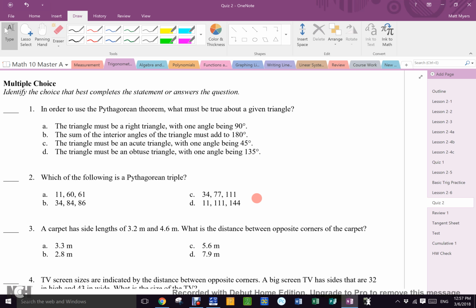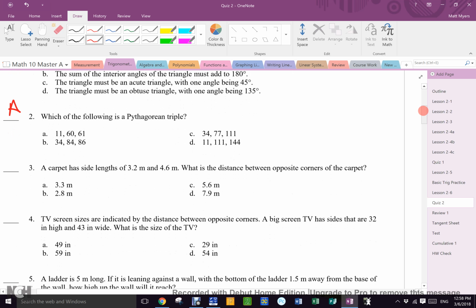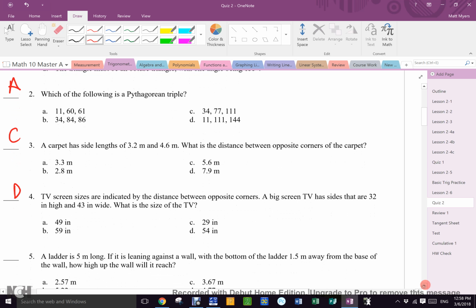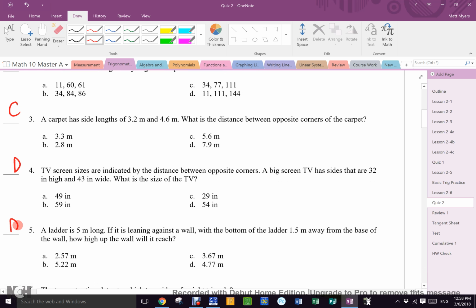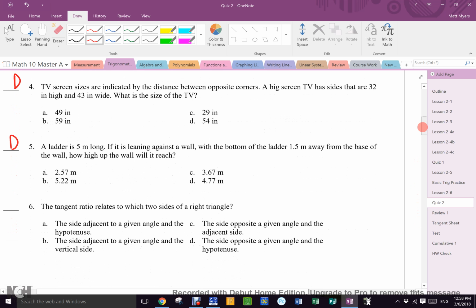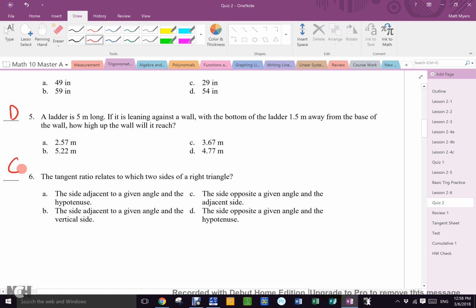All right. Let's go. Okay, man joke. They don't count for marks. Don't worry about it. It's something you need to study, right? A, C, D, and C. Any questions?